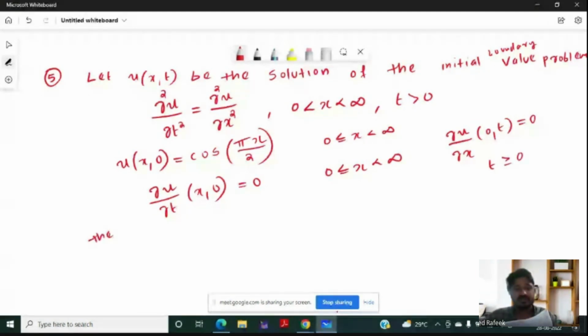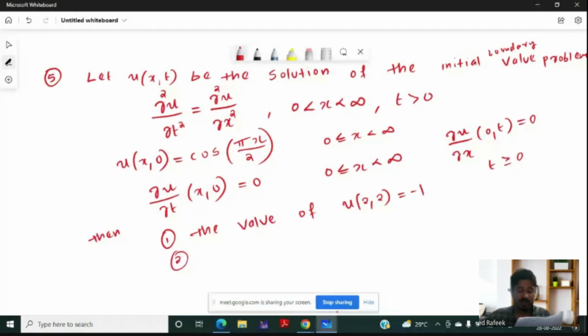Then option 1, the value of u of 2 comma 2 is equal to -1. Option 2, the value of u of 2 comma 2 is equal to +1.